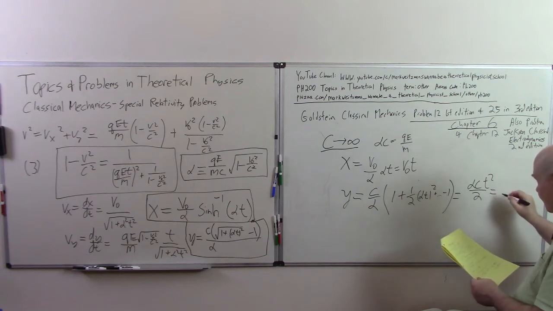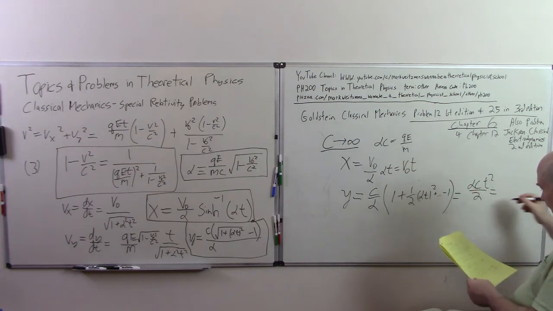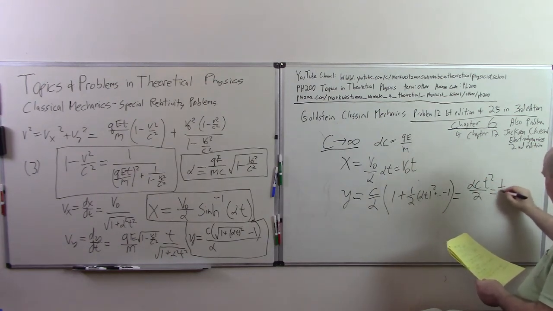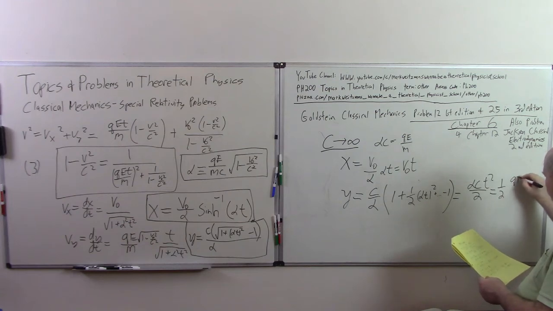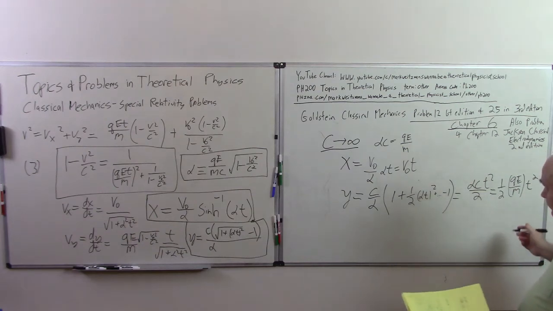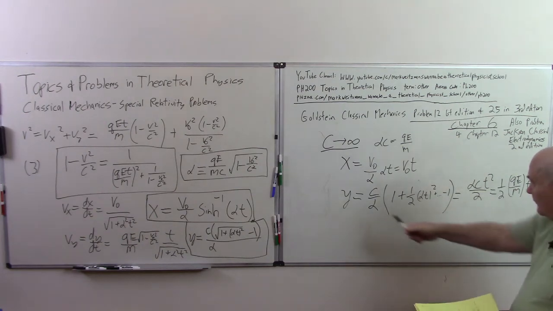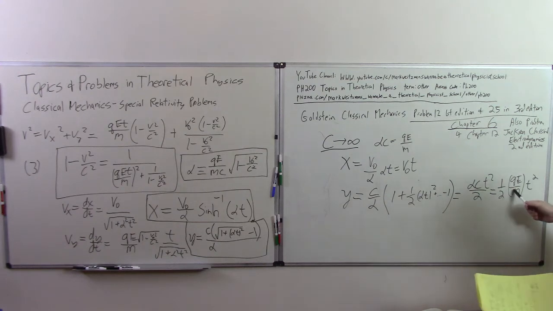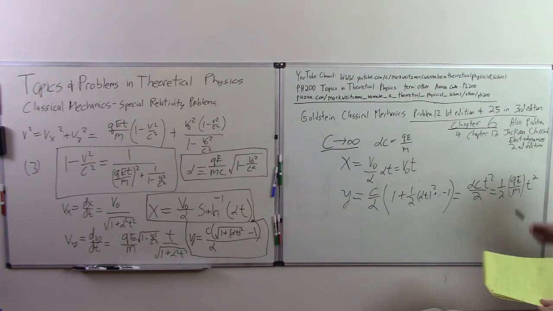Alpha c goes to qE over m, so this is equal to 1/2 qE over m t squared, which is again exactly what we expect. y equals 1/2 a t squared, where the acceleration is the force, qE, divided by m.